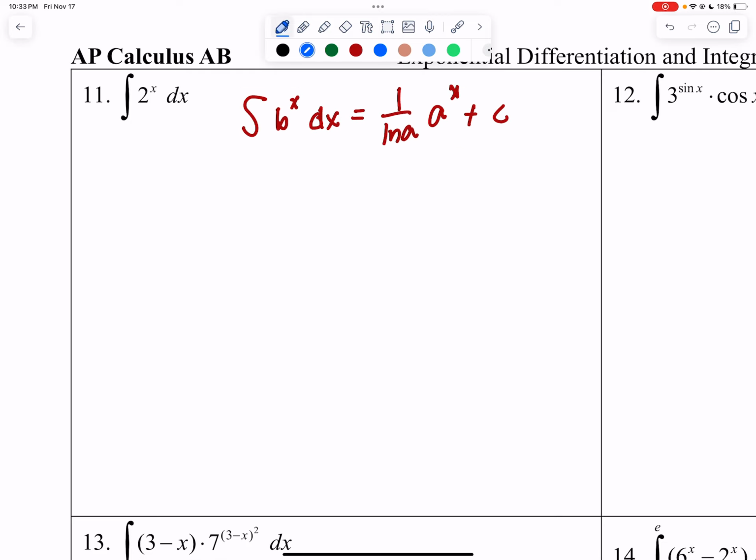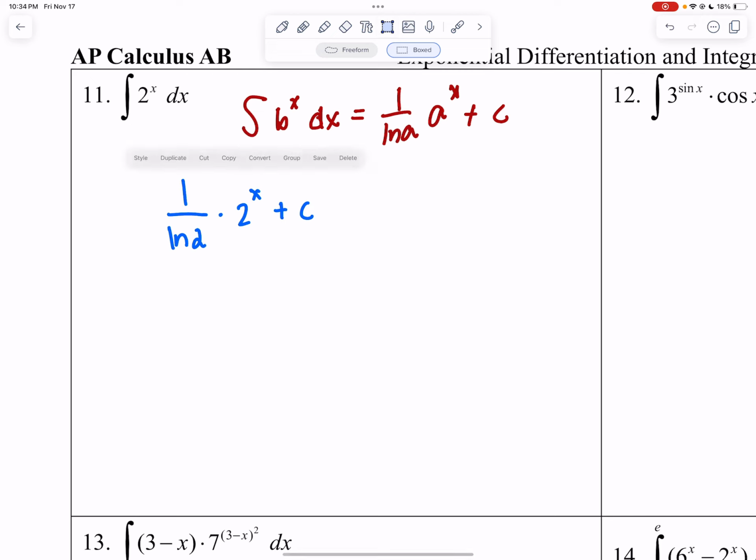So we are going to have my base being 2, and then my exponent being an x. So I'm going to have 1 over ln of whatever your base is. So that's going to be 1 over ln 2 times 2 to the x plus whatever your c value is. So that's going to be my antiderivative.